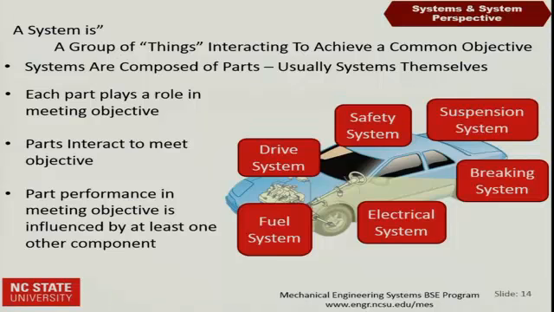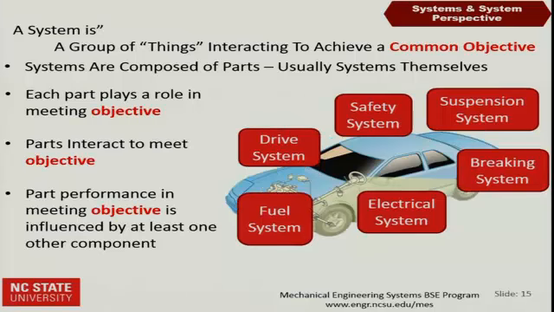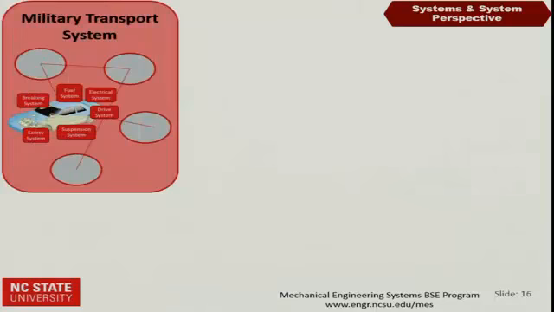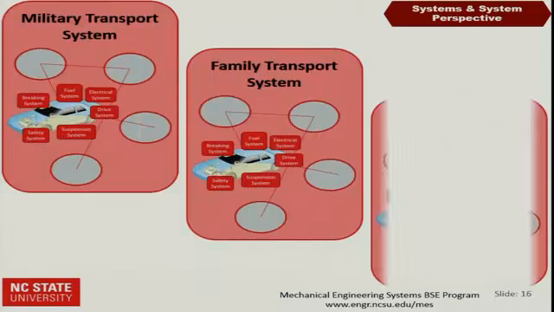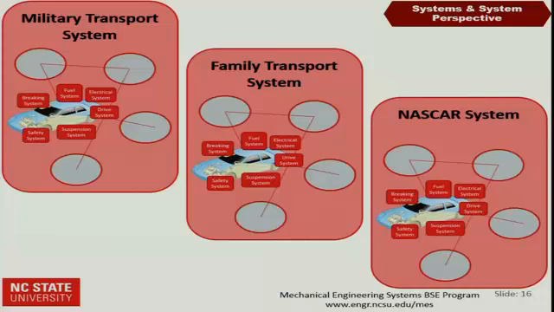Okay, now there's one other characteristic about systems that we've ignored, and it's this word at the top, common objective. If you look in every one of the characteristics, you see that word objective. It influences everything about a system. So, what is the objective of this car? We could sit here and talk for a long time, but we don't know. Because if this car was part of a military transport system, it would have one objective.